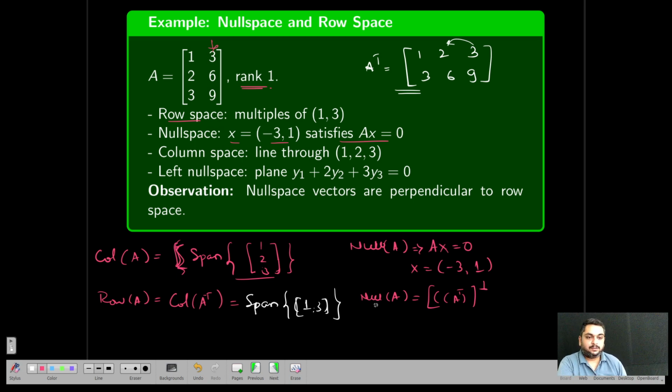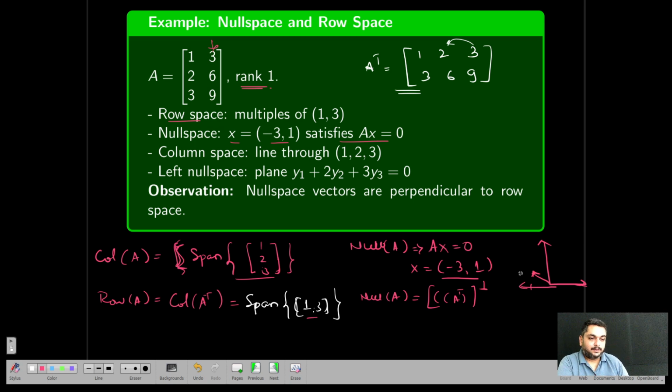So if we say null space of A is minus 3, 1, what is the column space of A? 1, 3. So these two, if I draw this, there are only two values, x, y. Let me take only x, y. x is minus 3, somewhere here, and y is 1, somewhere here. This vector is, say, somewhere here.